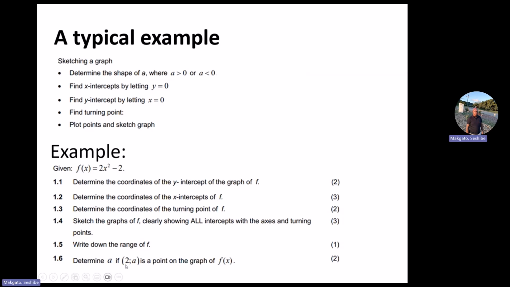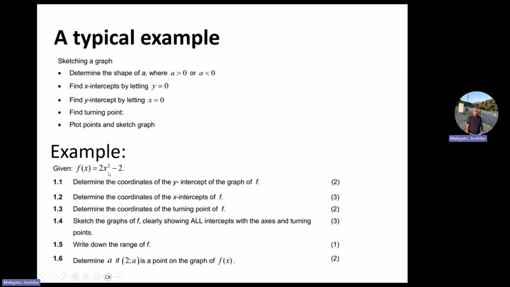But then when you are introducing a, if you've got another coordinate or a point being given on a specific graph, now they're saying determine a if (2, a) is a point on the graph. So what does that mean? That means that in that particular graph, your x is equal to 2.